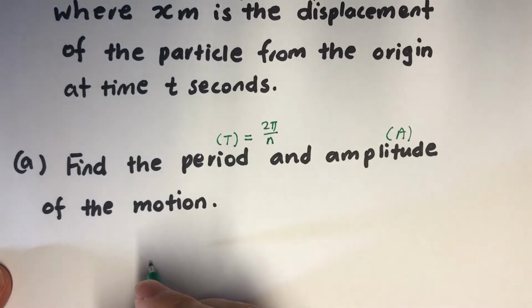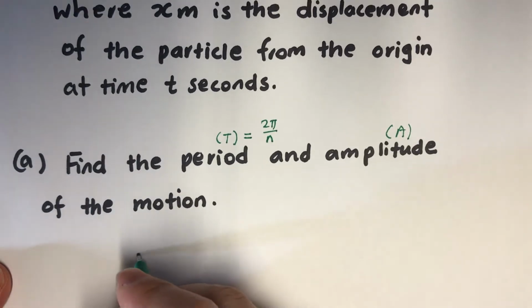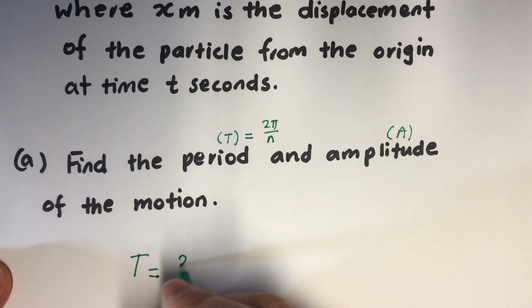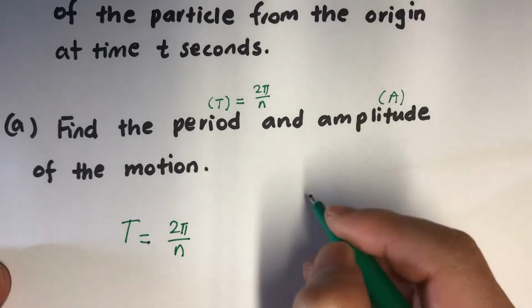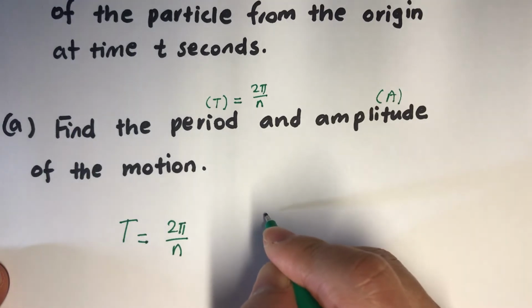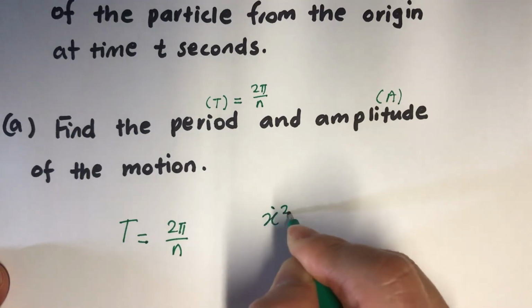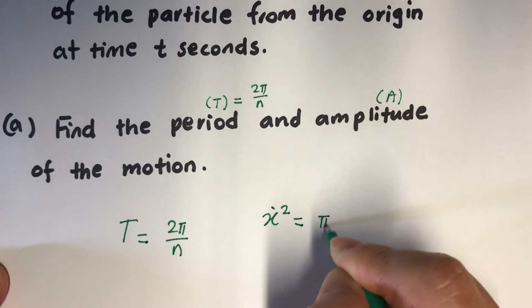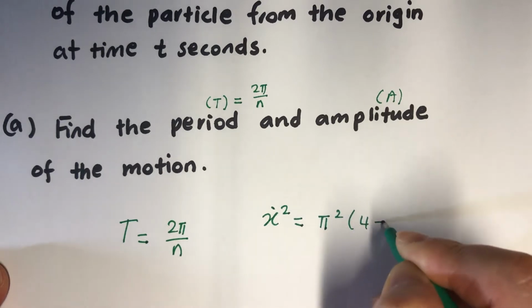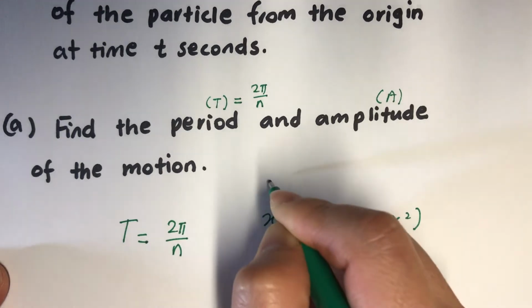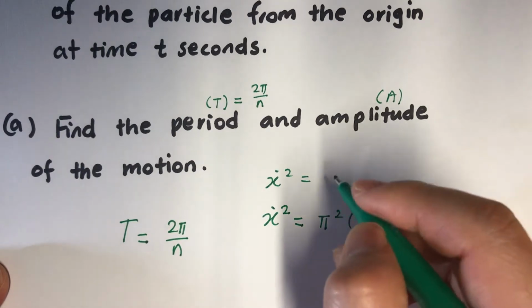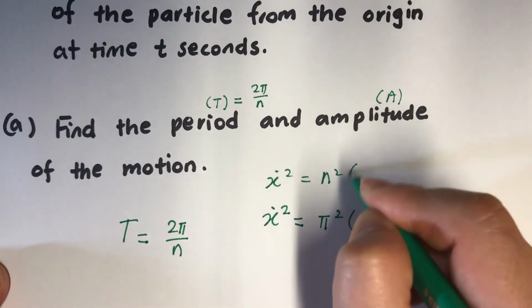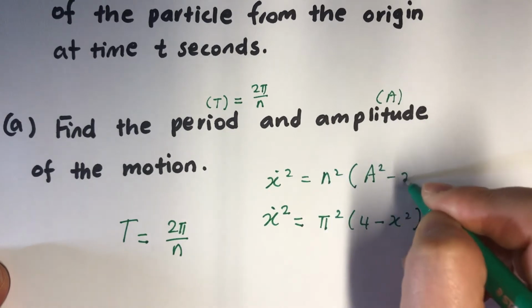So first one, we're going to have T equals 2 pi over n. But before we do that, what was the formula we had? x dot squared equals pi squared (4 minus x squared), which is the same as n squared (a squared minus x squared).